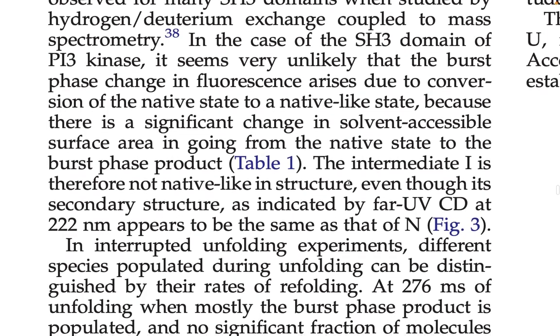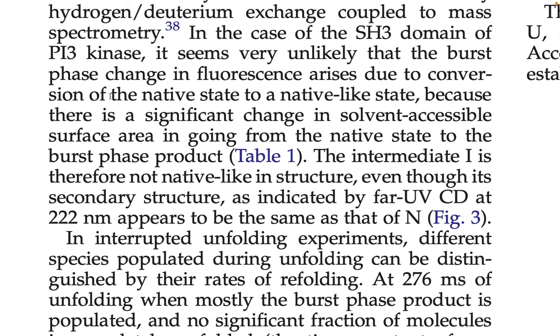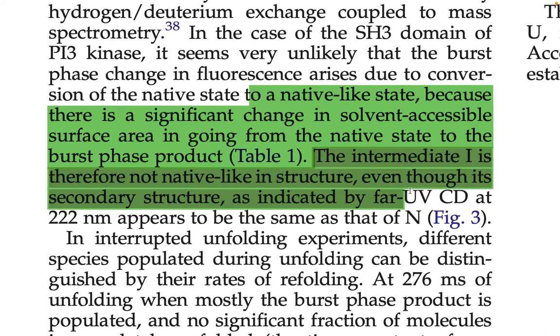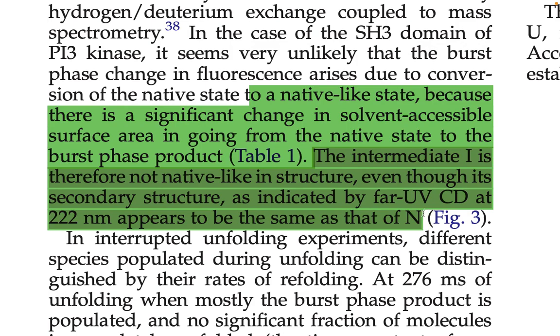In the case of the SS3 domain of PI3 kinase, it seems very unlikely that the burst phase change in fluorescence arises due to conversion of native state to native like state, because there is a significant change in solvent accessible surface area going from native state to burst phase product. The intermediate I is therefore not a native like structure, even though its secondary structure as indicated by far UV CD at 222 nanometer appears to be same as N.